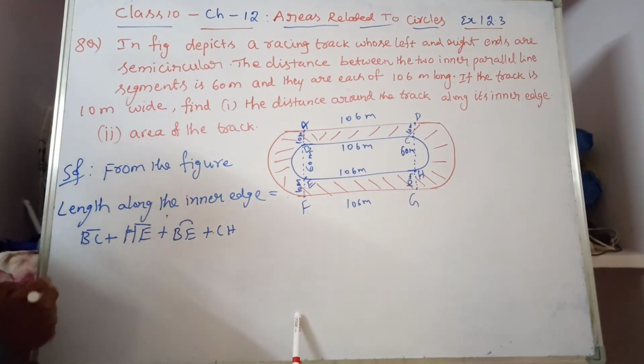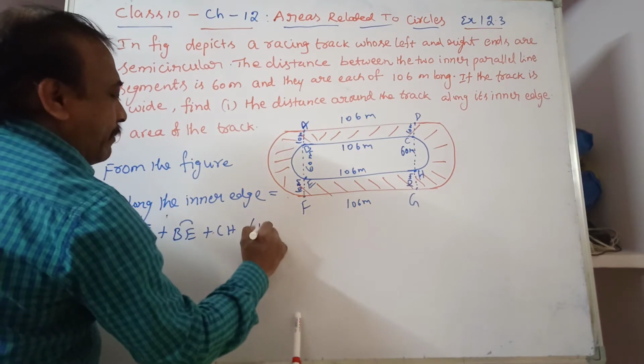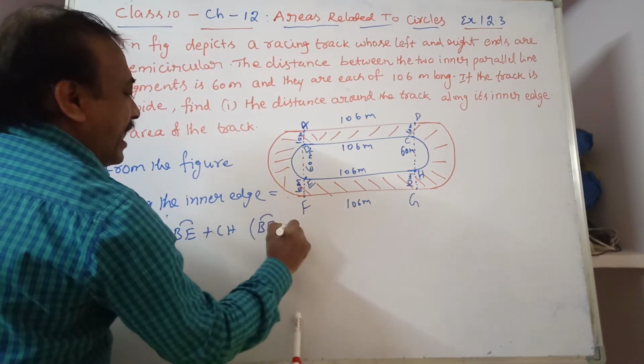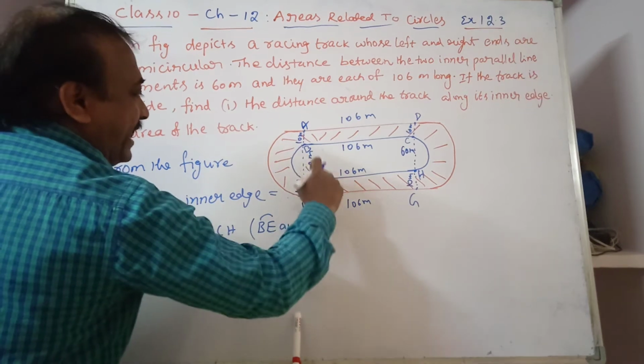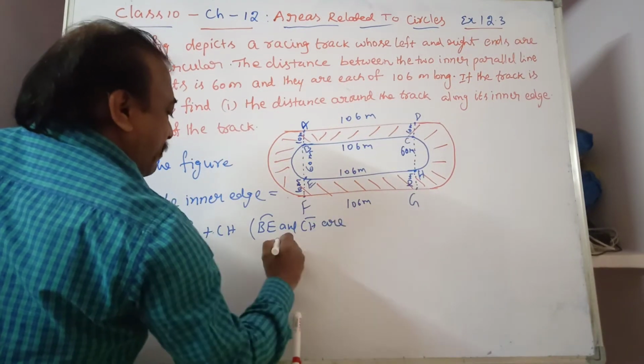Now we know that BE and CH are semicircles.